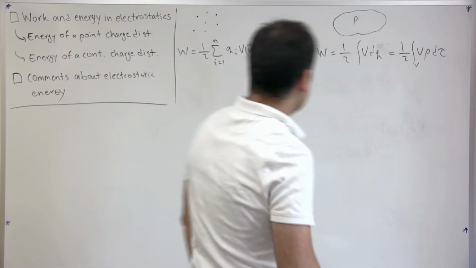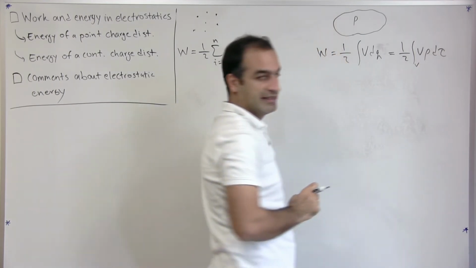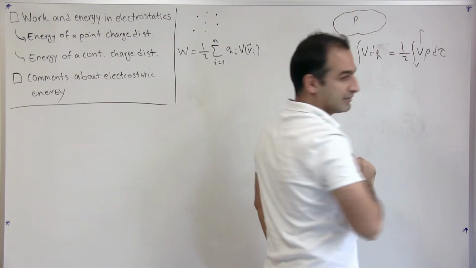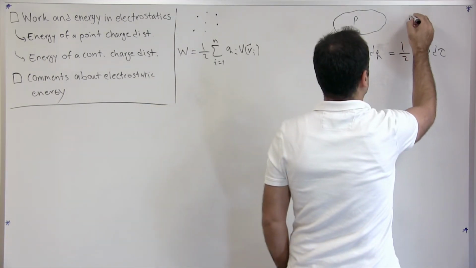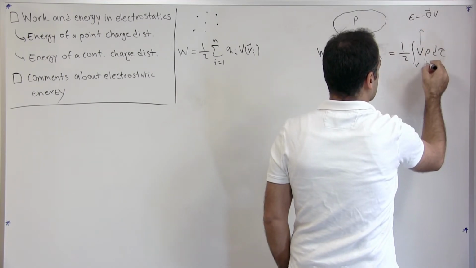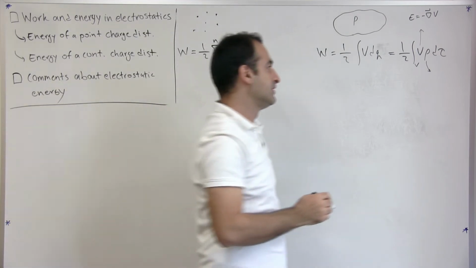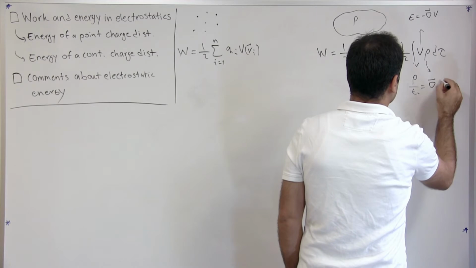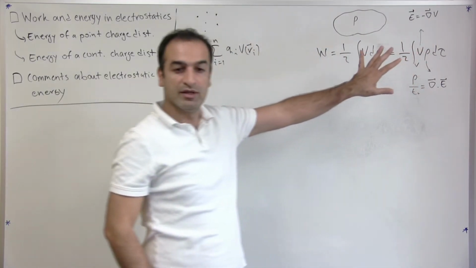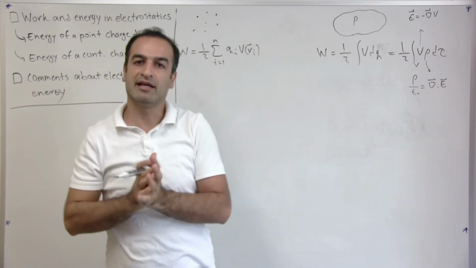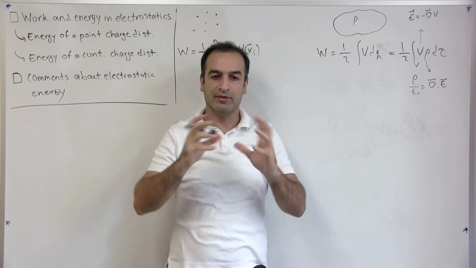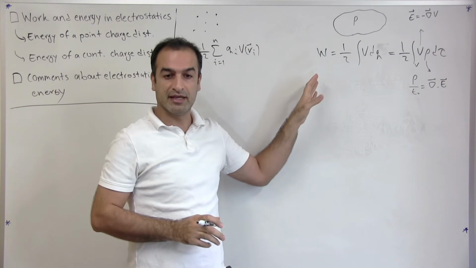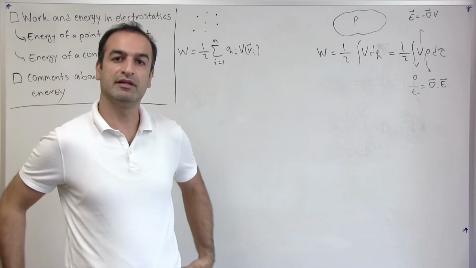There's a very nice way to change this integral and write it in terms of the electric field. Electric potential is related to the electric field by E being the negative gradient of V. And charge distribution is also related to the electric field through the differential form of Gauss's law, where rho over epsilon 0 is equal to the divergence of E. What I'm going to do next is expand this integral in terms of the electric field and potential, and then through a trick, come up with a mathematical expression that the energy of an electrostatic system can be calculated from an integral of only the electric field.